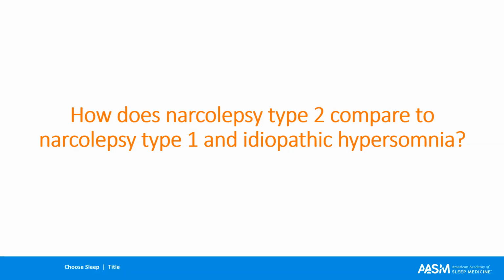Probably, at least in part, that's because some people that we're calling narcolepsy type 2 actually have hypocretin deficiency that we're not testing for because they don't have cataplexy. And so we're sort of mislabeling them type 2 when they're really type 1. And probably there are some people who get labeled narcolepsy type 2 who really have idiopathic hypersomnia. We don't understand those two diseases well enough to separate them out consistently.